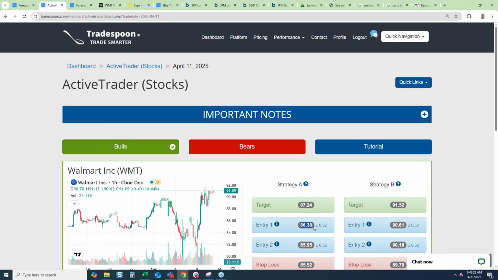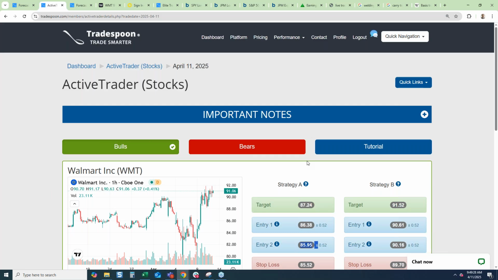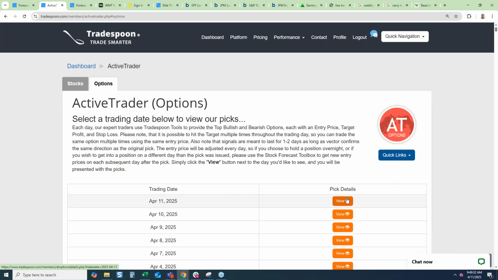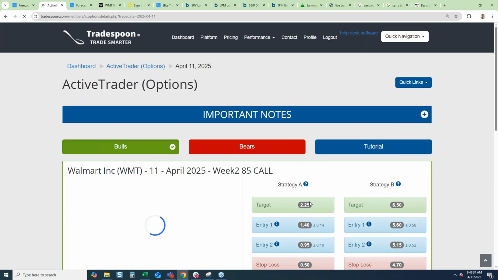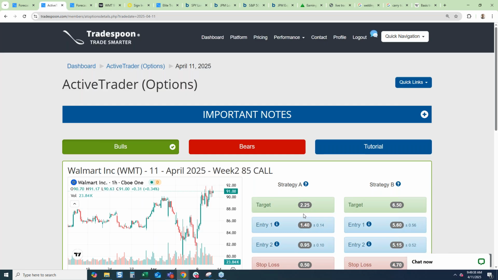Put half of your position at 86.36 and put the other half at 85.95. If you're not comfortable trading stocks, you can always do the same thing with options, right? Same idea, 1% move in the underlying stock. For the current market, that's when VIX is at 20. When the VIX is at 60, okay, $3 move, right? So then $1.40.